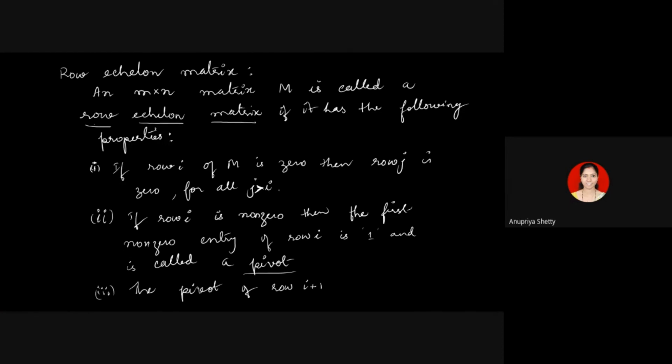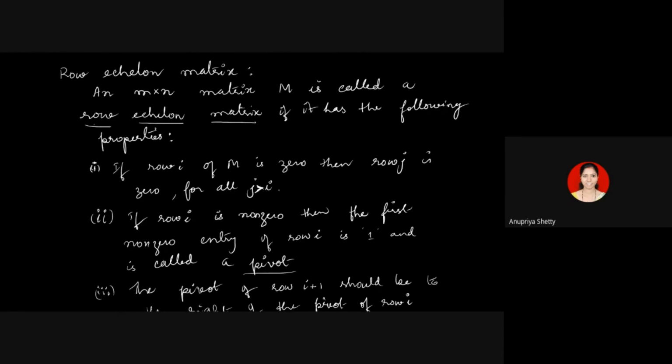Row I plus 1 should be to the right of the pivot of row I. Maybe I can write here, a pivot will exist in a row only when that row is non-zero.